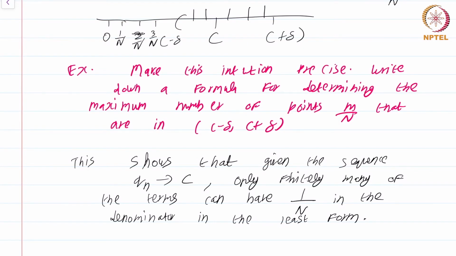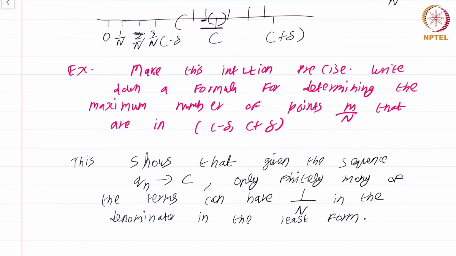So if the very last point closest to C is here, then if I choose a much smaller delta, and I choose this new interval, then none of the points of the form M by capital N are going to be in this new interval.